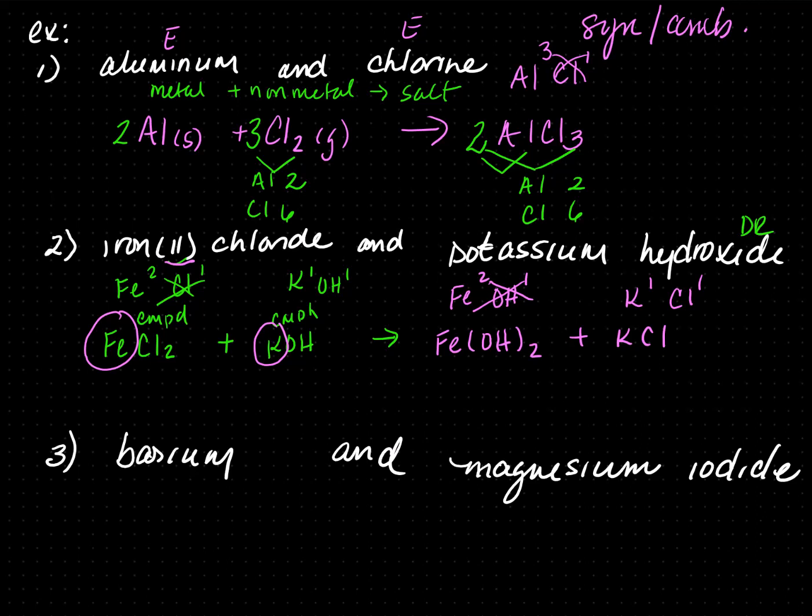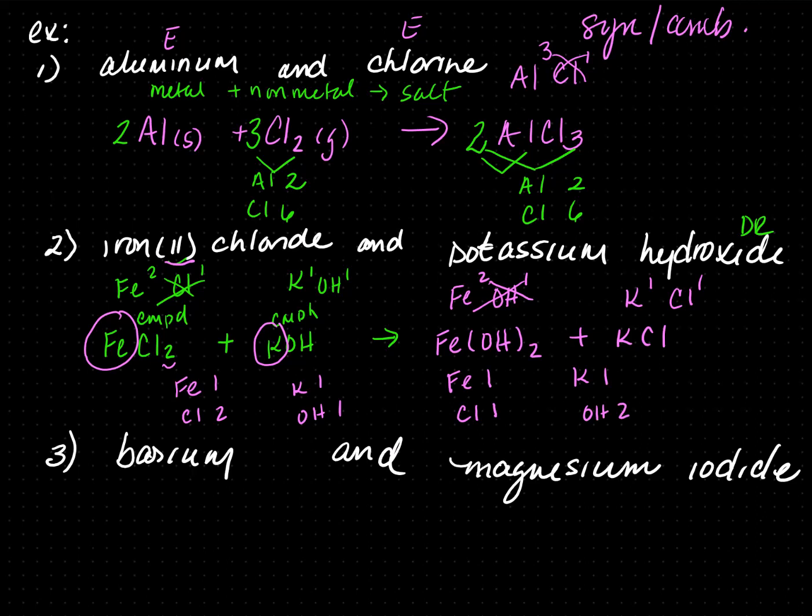Now I'm going to balance. Fe, I have 1. Cl, I have 2 right here. K, I have 1. OH, I'm going to keep as 1 because it appears the same on both sides. On the opposite side, Fe, I have 1. Cl, I have 1. K, I have 1. OH, I have 2. So I need a 2 in front of potassium hydroxide.